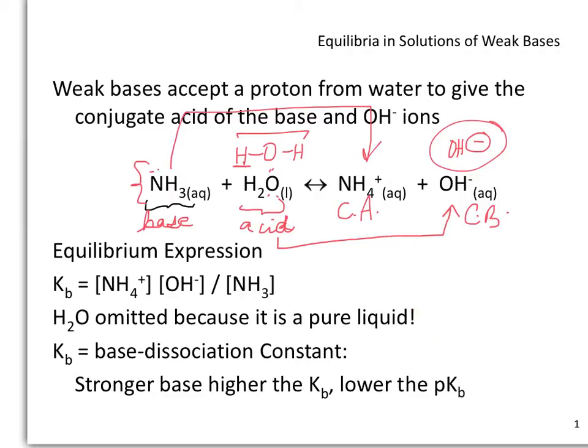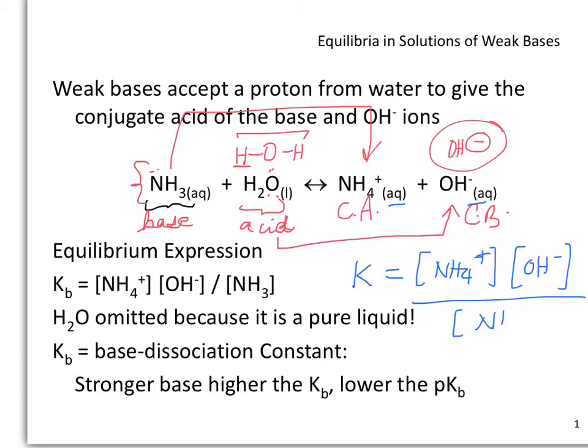If you were to write down the equilibrium constant K, you will pick all the aqueous species, so that will be ammonium. Anytime you have a charge, by the way, consider that in aqueous. That will not be a liquid. Ammonia is going to be the denominator.